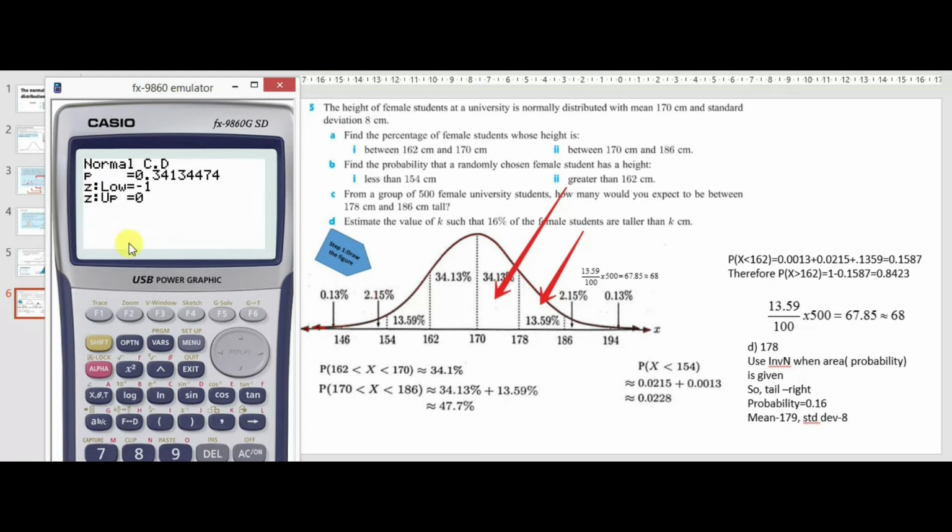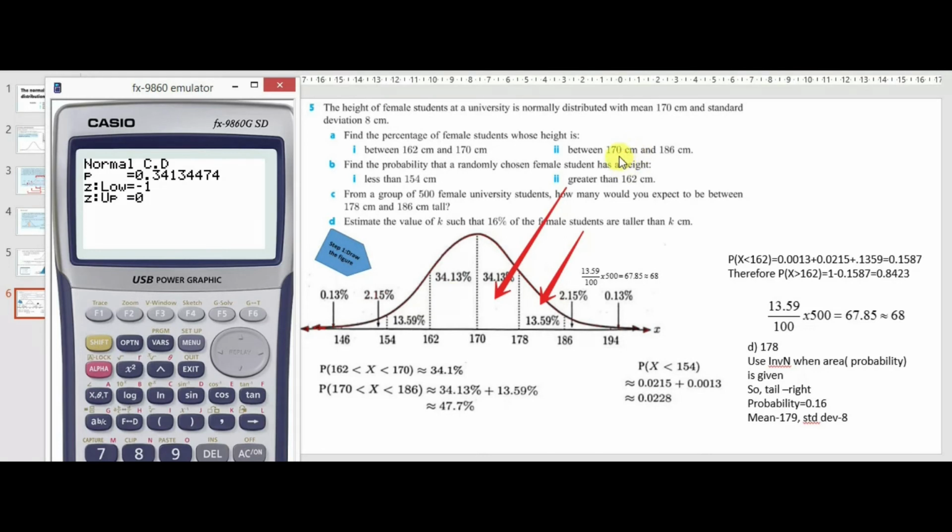If I execute, you'll see I'm getting 0.34134474. You can give the answer to three significant figures. And you can see that this answer matches the answer which we saw in the first case.